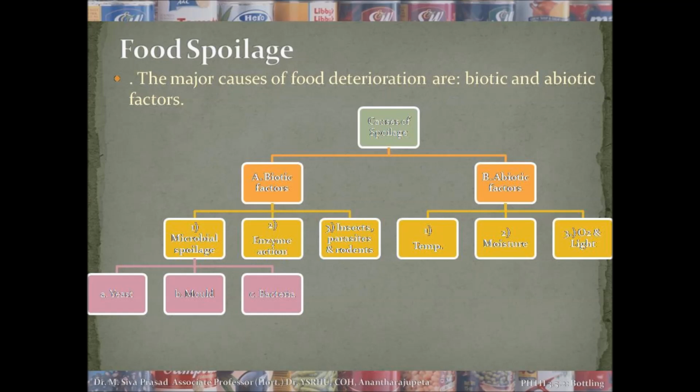So here the biotic factors include microbes, self decomposition, that is enzymes, and insects and pests. Under microbes we have three enemies: mold, yeast, and bacteria, which will cause spoilage of foods.